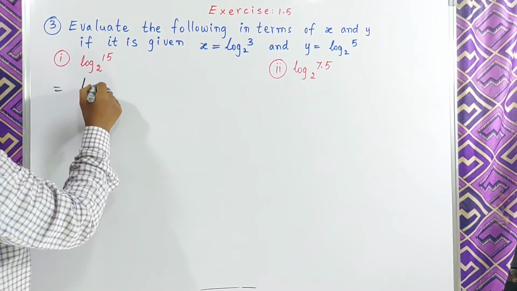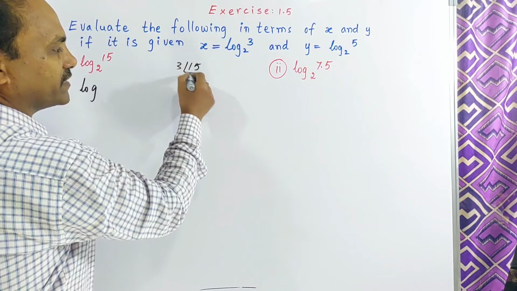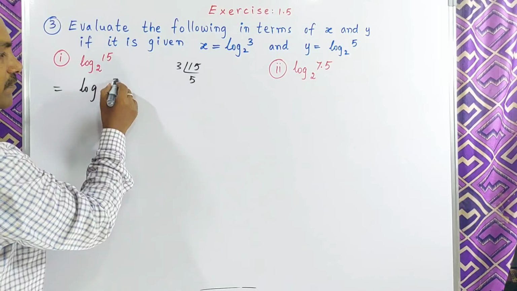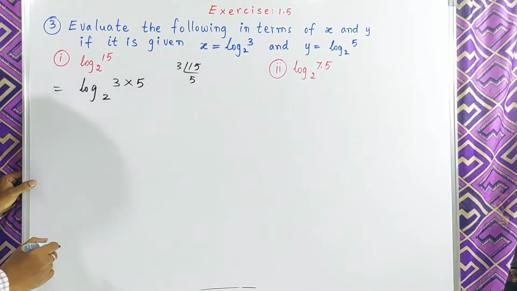Log 15 to the base 2. By prime factorization, 15 can be written as 3 into 5, so log of 3 into 5 to the base 2.